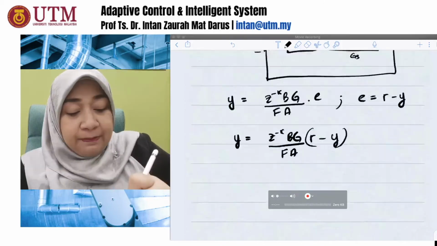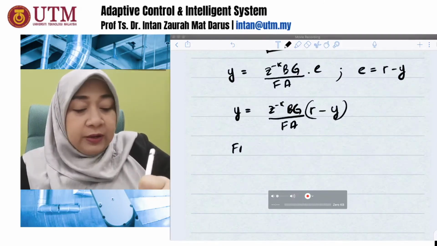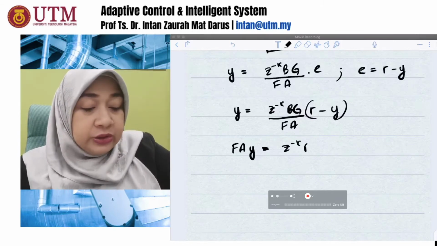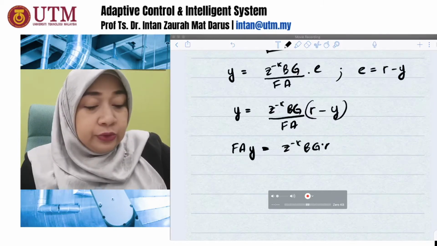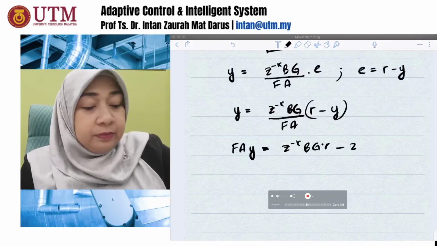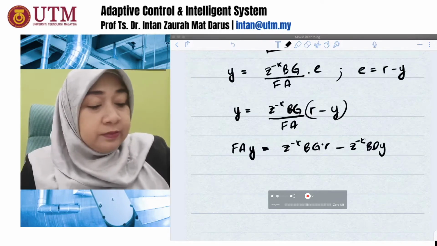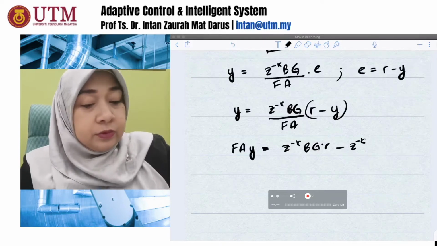So I will multiply my F A with Y. That will be Z to the power of minus K, B G R, also minus Z to the power of minus K, B G Y. Oops, that's G.